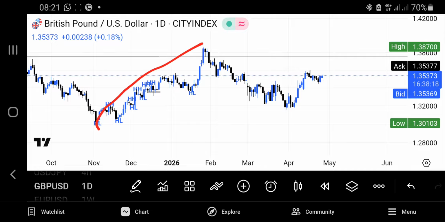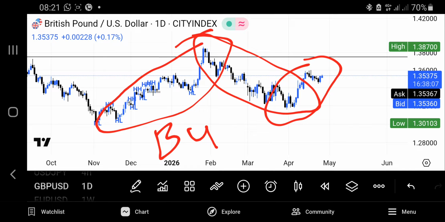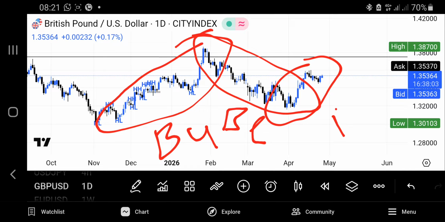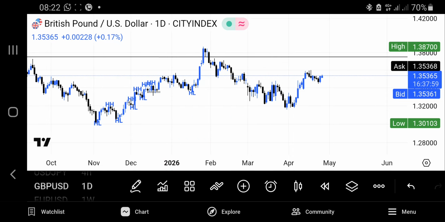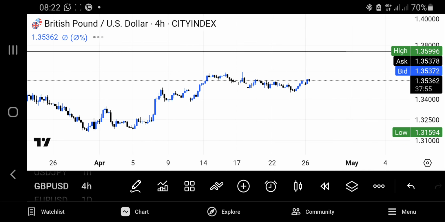And we'll call this part bullish, bearish, then bullish, bull, bear, then bull. So let's look at the 4 hours.